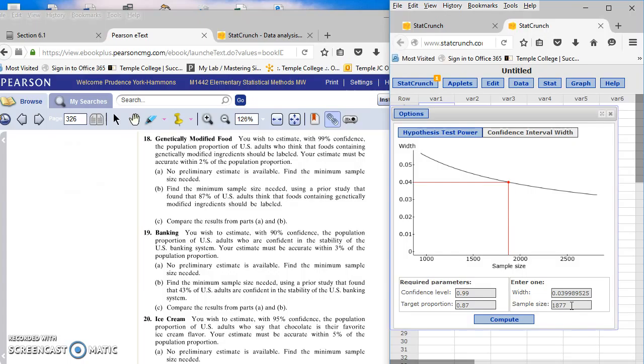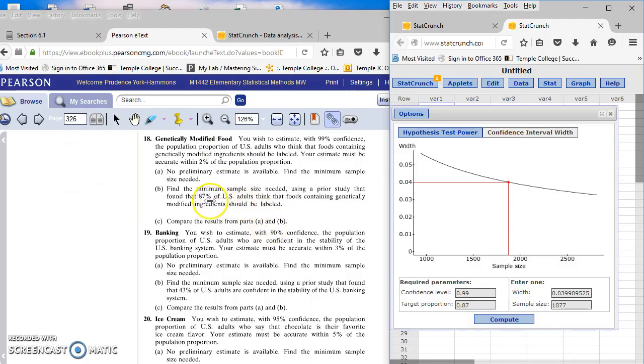We'd have to get valid survey results from 1,877 people. So you'd want to have more in your study, but the minimum valid number of surveys would be 1,877 to get a 99% confidence for the population proportion.